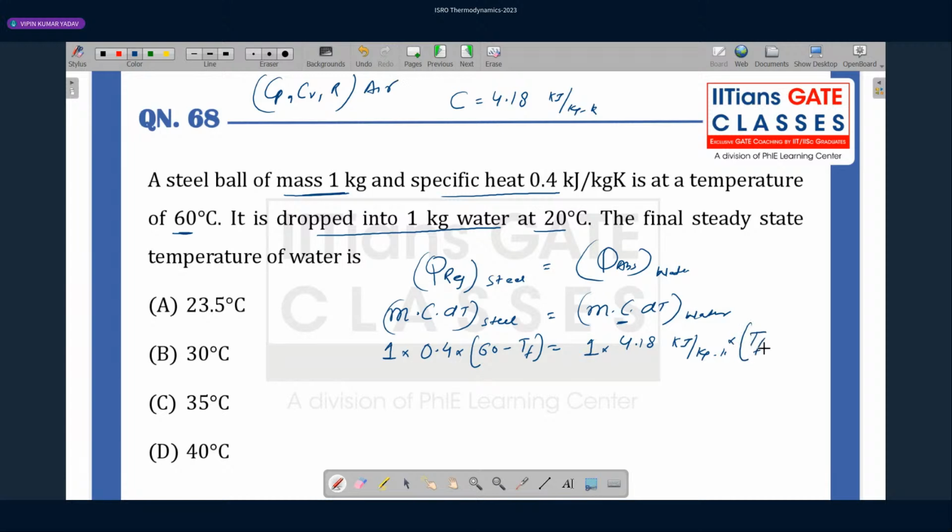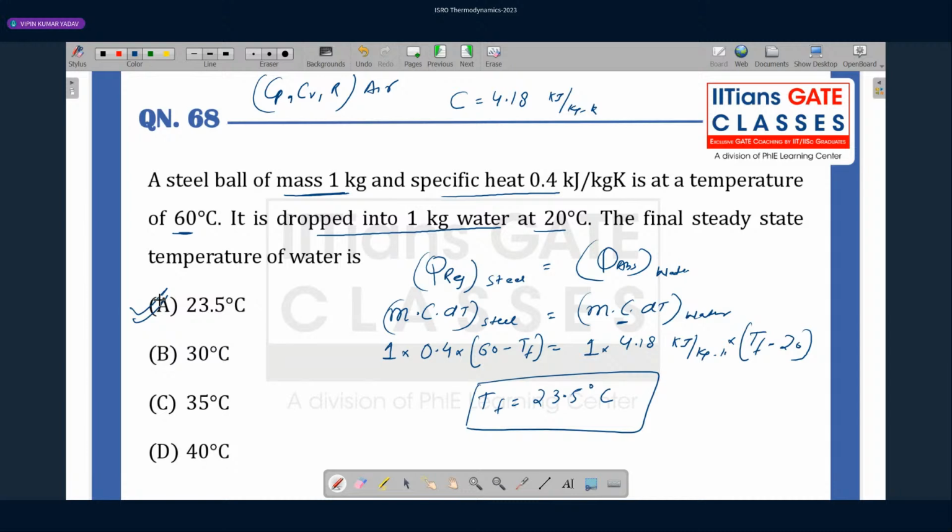And the final temperature minus 20. So with a little bit of calculation, you will get Tf equals 23.5 degree Celsius. Okay, 23.5 is exactly given, so A is my correct option.